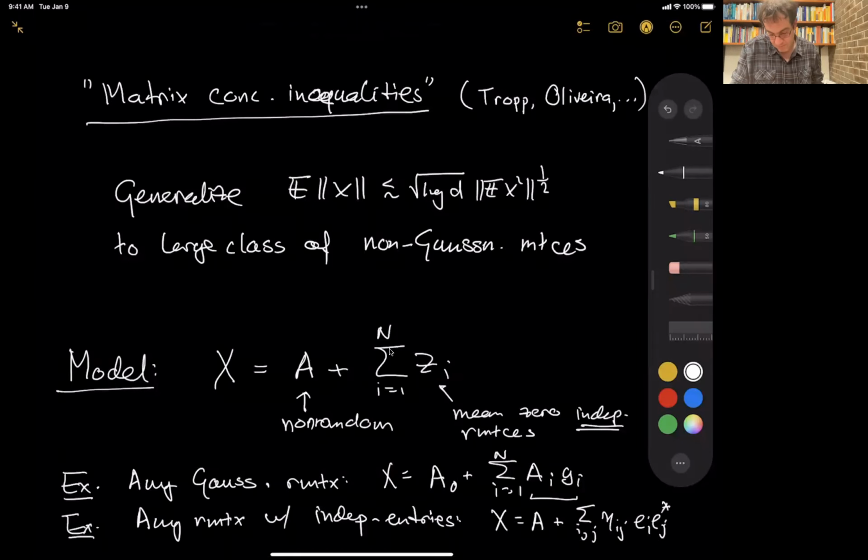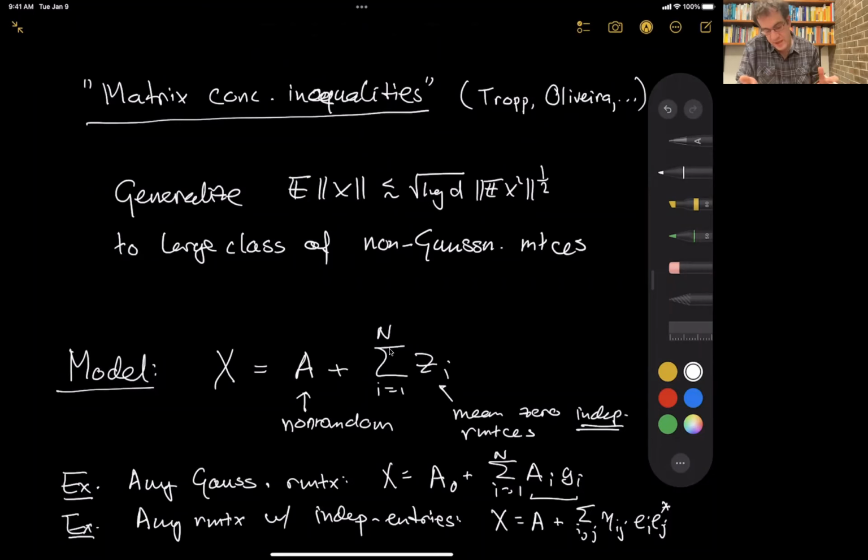And these are independent because I assume the entries are independent, and now they can have arbitrary distributions. So these are two extreme cases: any Gaussian random matrix, which can be heavily dependent, or any matrix with independent entries but arbitrary distribution. These are two cases that would naturally arise, and they're both very simple special cases of this general structure.